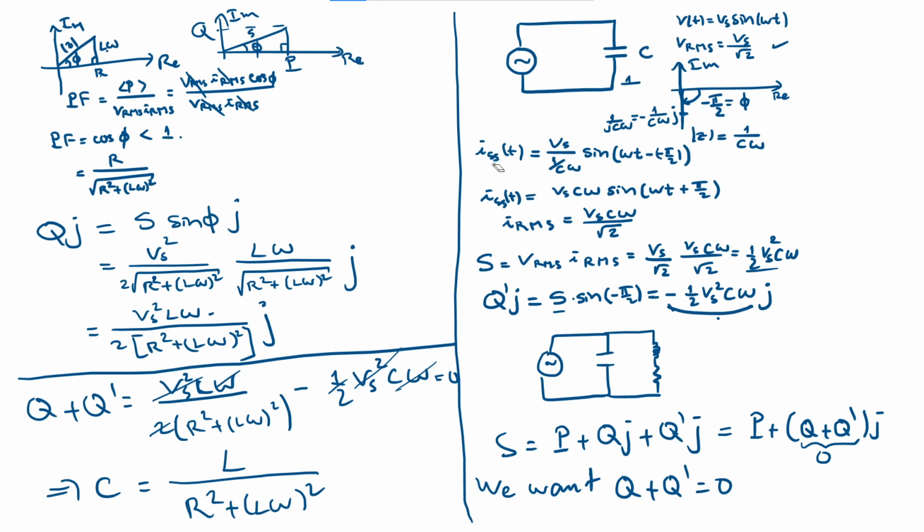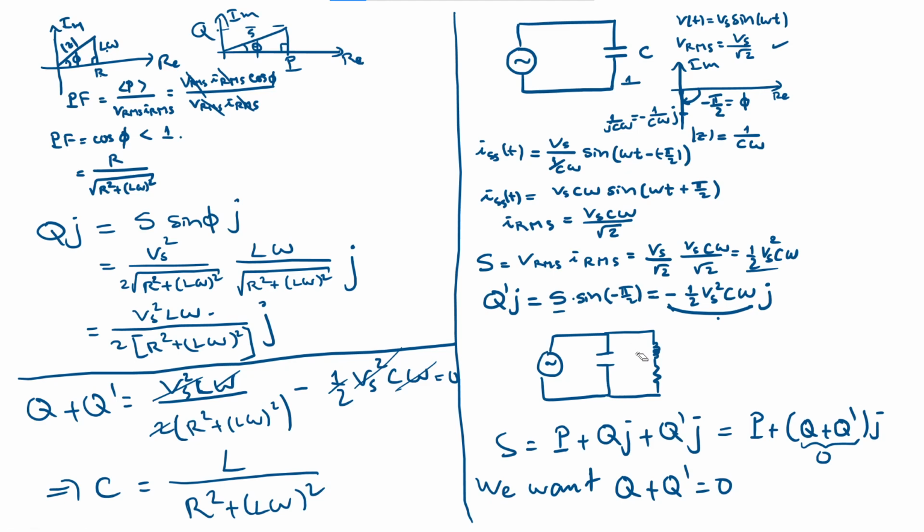Then you can write down the steady state current I. You could find it from integration or a differential equation, but maybe no need for the differential equation because you only have one element. You can integrate directly to get this, and again use apparent power, V root mean square times I root mean square. You compute this, and then the reactive power Q equals apparent power times the sine of the phase, then you get this, right?